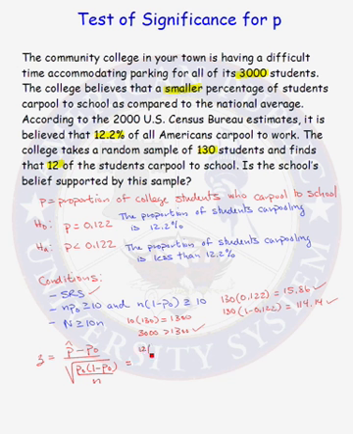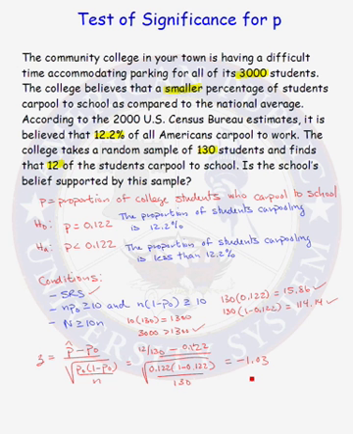P hat is 12 over 130 minus p naught is 0.122. We have the square root of 0.122 times 1 minus 0.122 over 130. This quantity equals negative 1.03. Our test statistic for this test is negative 1.03.